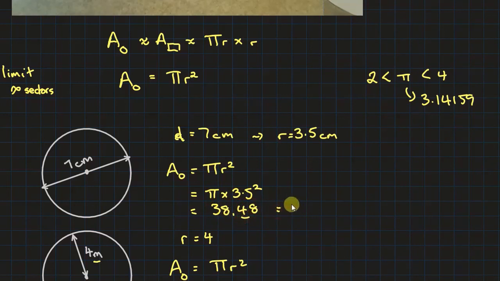I want it to be one decimal place, and the units. We're now working in centimetres. The centimetres are on the radius, which is squared, so my units are squared. And that's how you can calculate the areas.